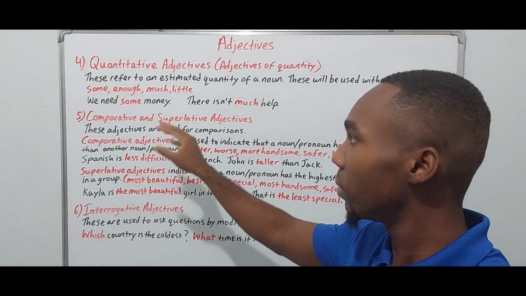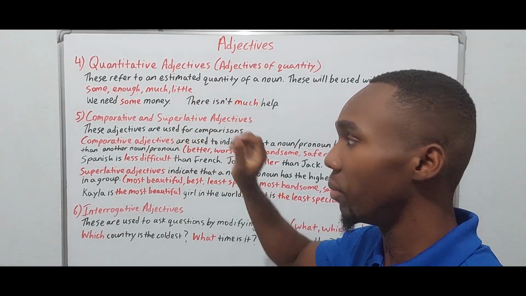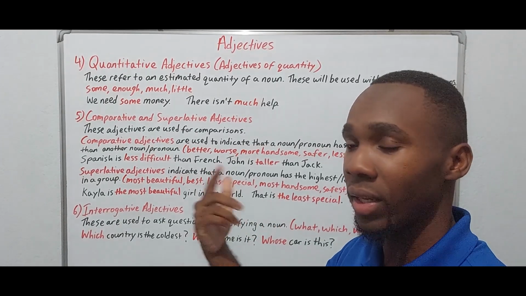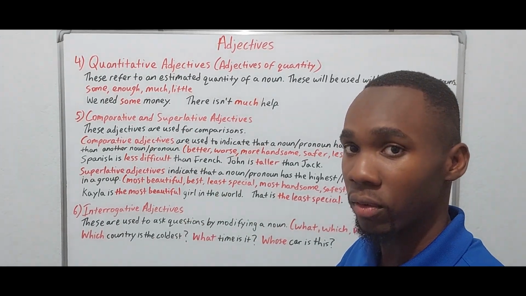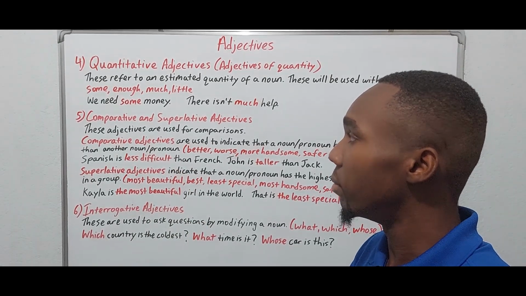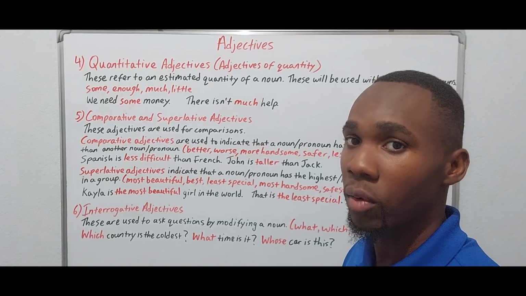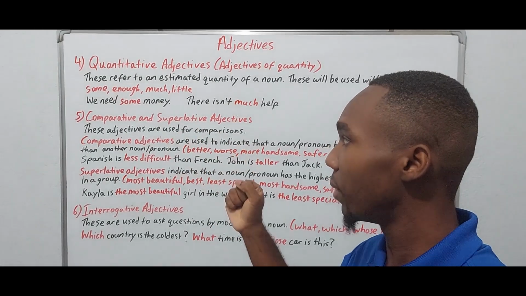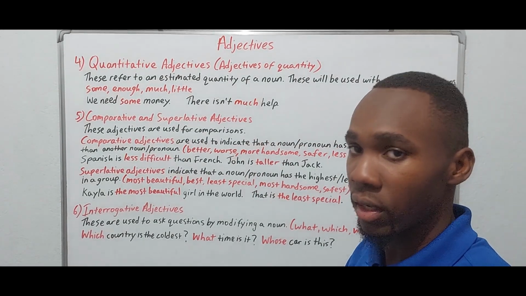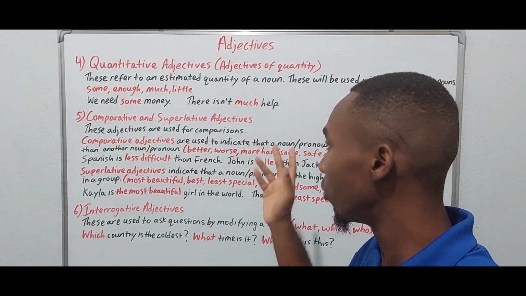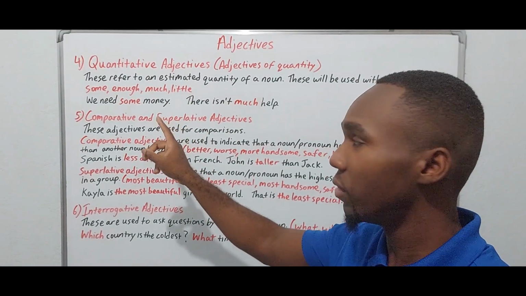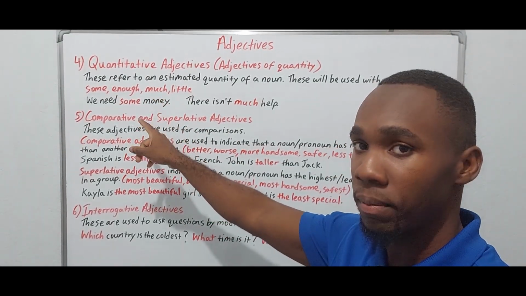Examples include some, enough, much, little. Remember, they are used with uncountable nouns, nouns that we cannot count using numbers, okay? For example, we need some money. Money is classified as an uncountable noun, so we use some. There isn't much help. Help will be classified as uncountable, right? So we use much.